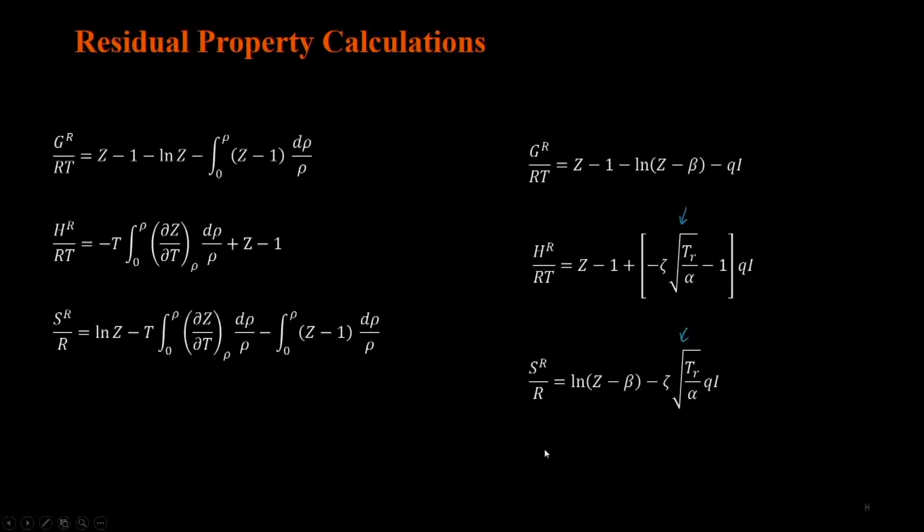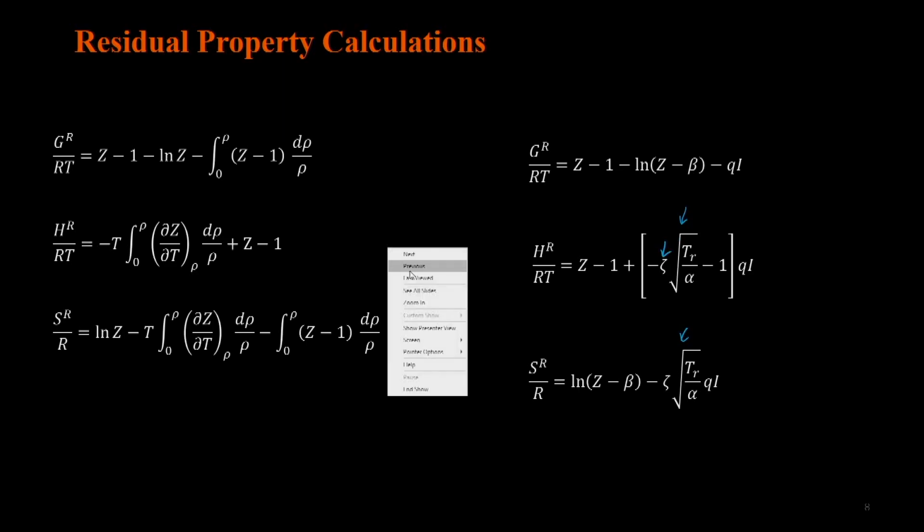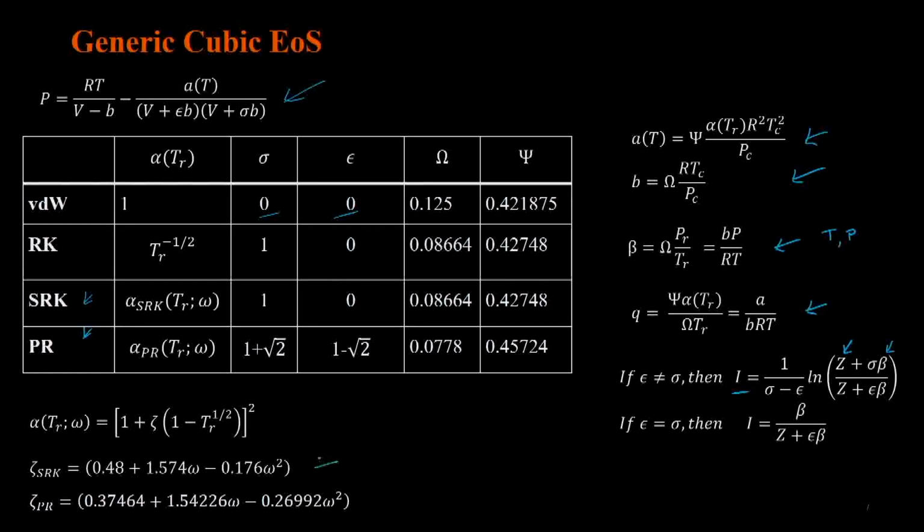After taking that derivative, we end up with these terms, square root of TR over alpha and zeta, which again is given in the expressions here for SRK and Peng-Robinson equations of state. For others, of course, we don't have the value for zeta. They're not dependent on temperature.